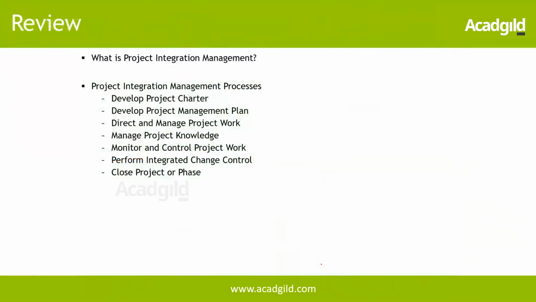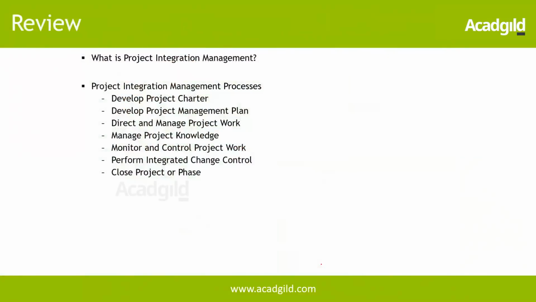Alright, so now we come to the review of the entire project integration management. What is project integration management? It is a primary role for a project manager and it integrates, unifies, consolidates all the processes that a project manager does during the life cycle of the project.